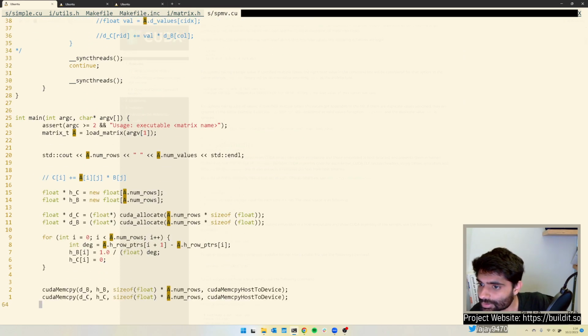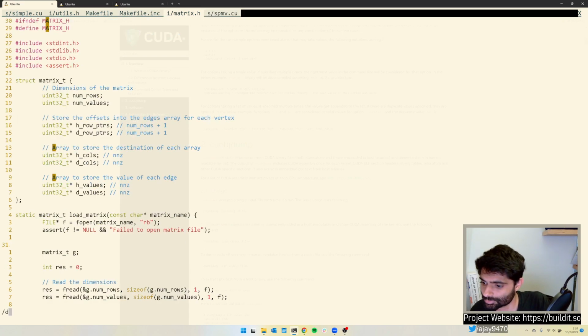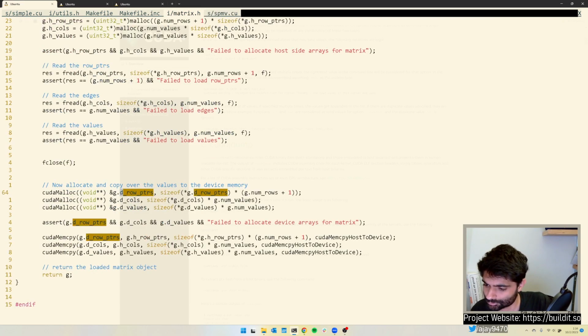The D-row PTRs are allocated with the right size. And I have asserted properly that they are not empty. The D-row PTRs have been copied from the H-row PTRs. It's good.